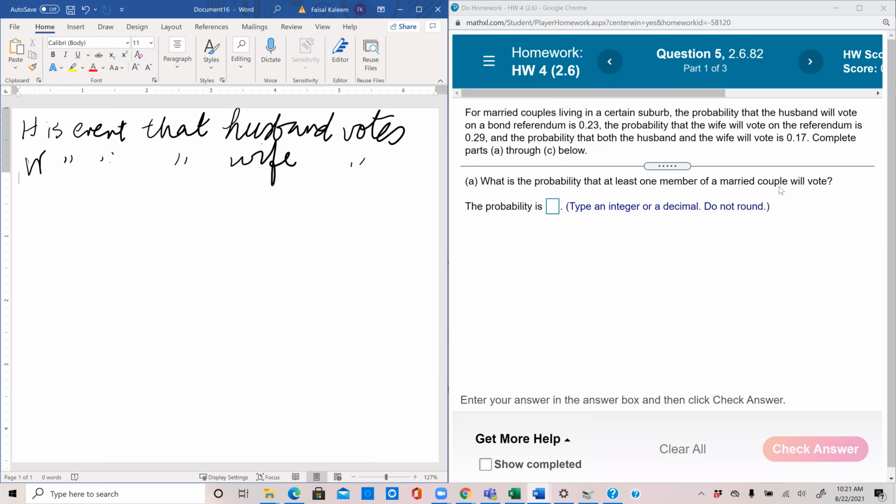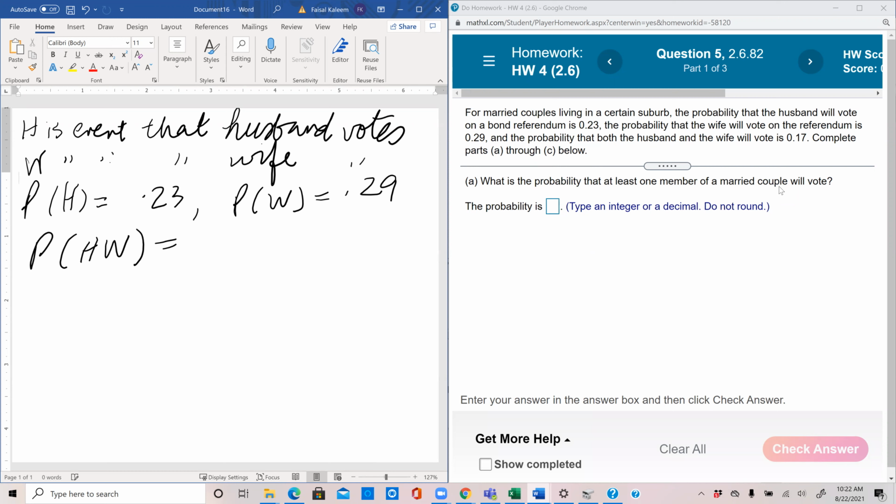Then probability of H is 0.23, probability of W is 0.29, and the probability that both husband and wife vote is 0.17.